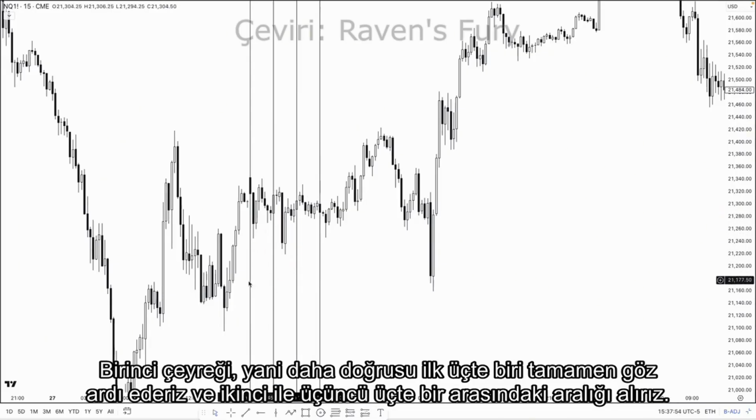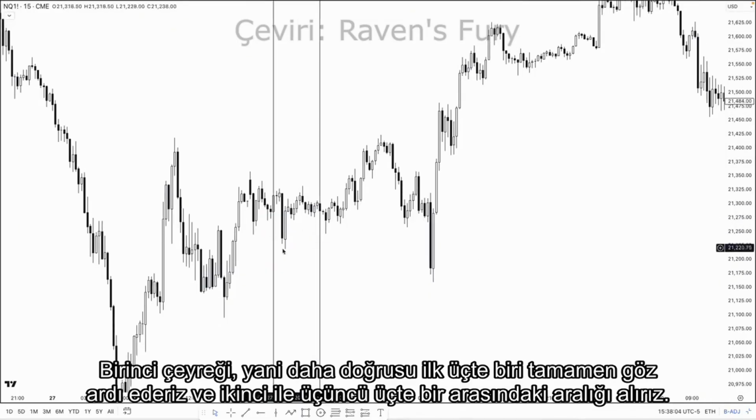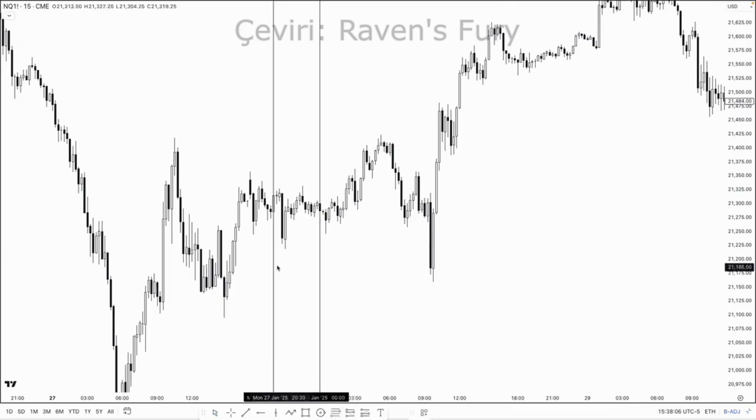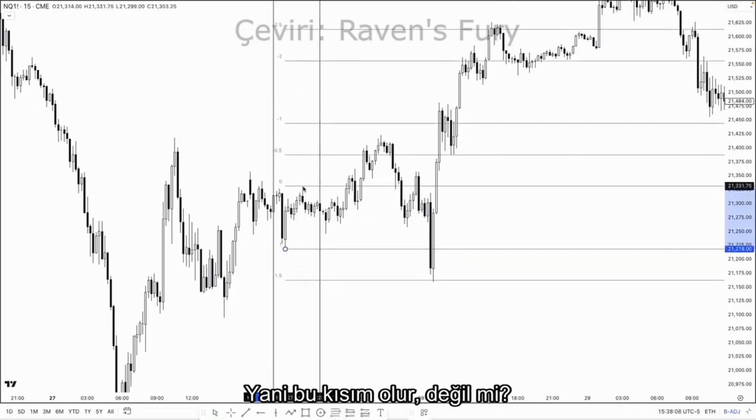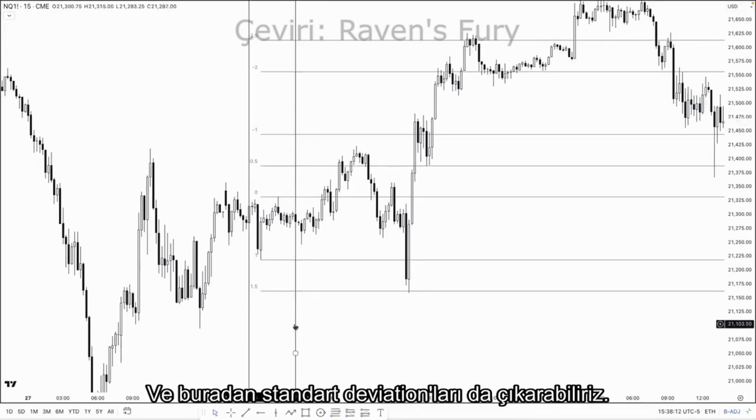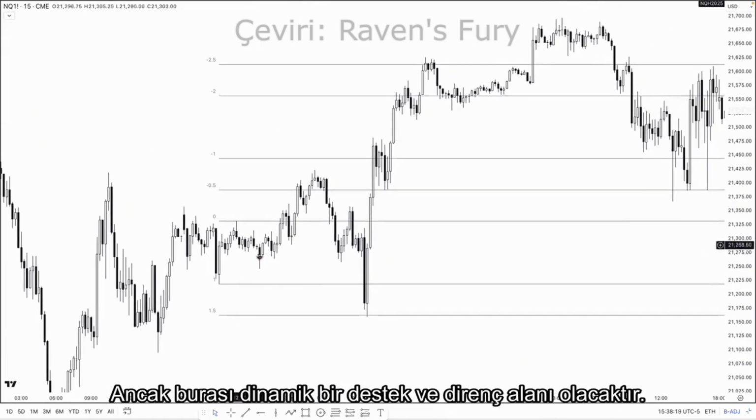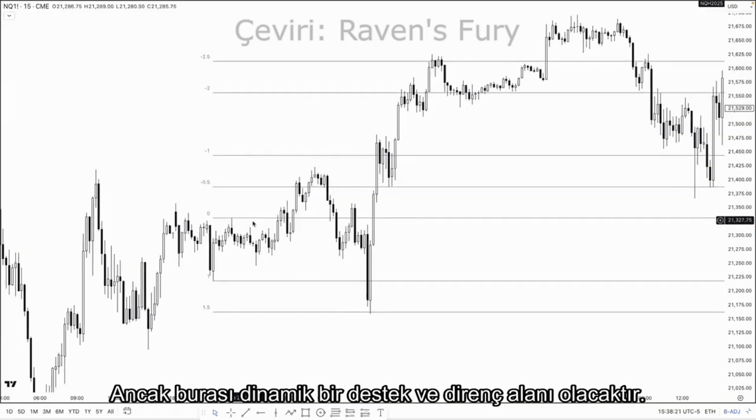We will completely ignore the first third, and then we will find the range between the second and third third. So that would be this, right? And we can have our standard deviations coming out of it. But this is going to be a dynamic area of support and resistance.